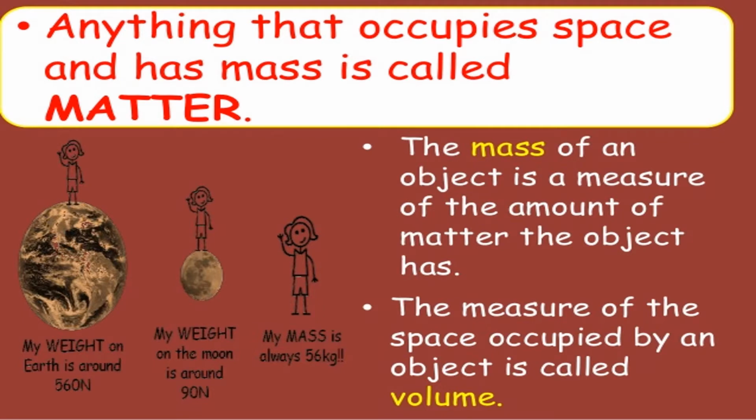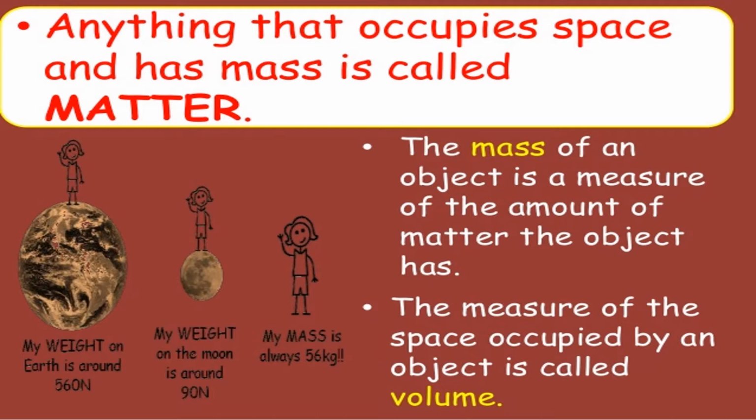Now we have to define what is matter. Okay, class. Anything that occupies space and has mass is called matter. Now, you will ask, what is mass? The mass of an object is a measure of the amount of matter the object has.